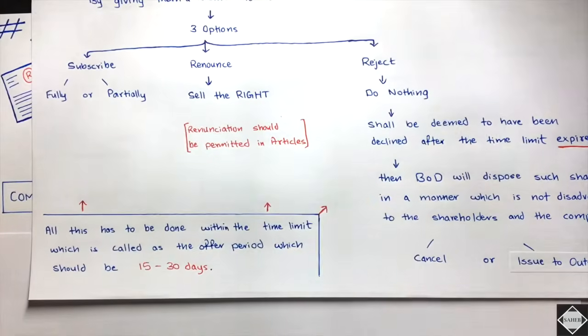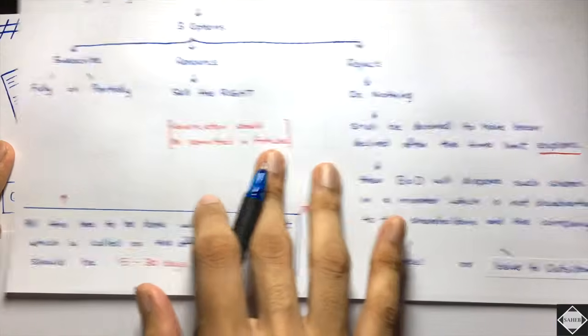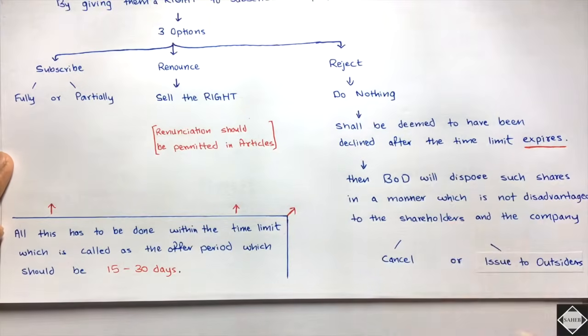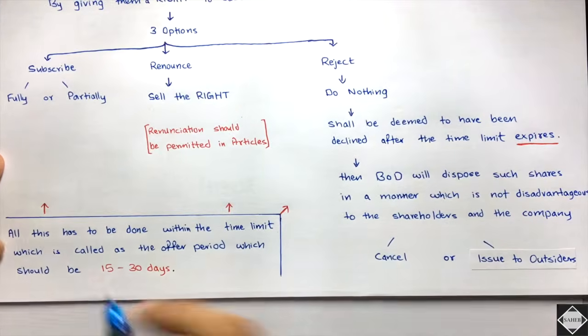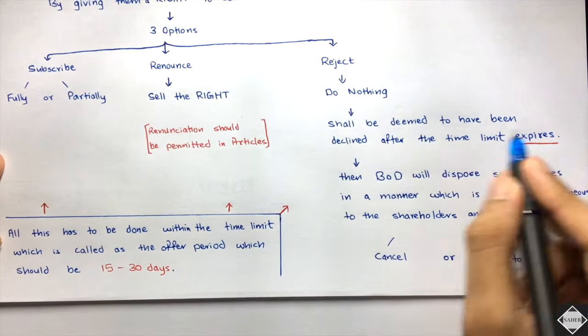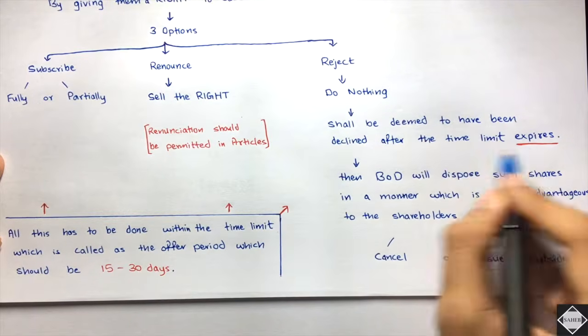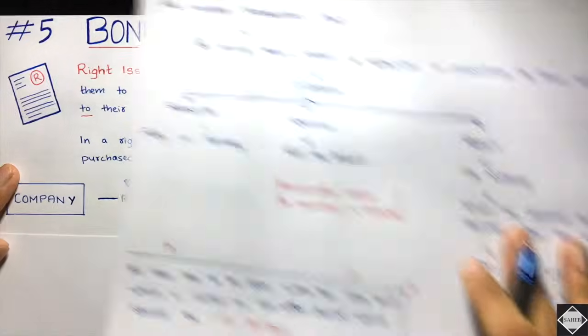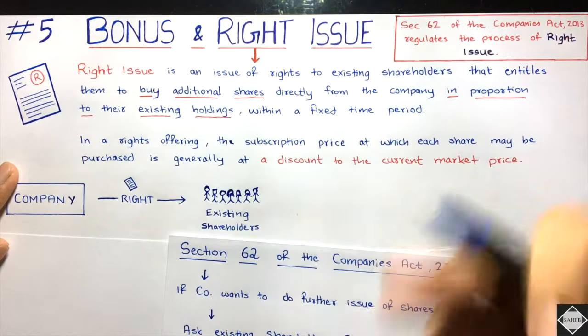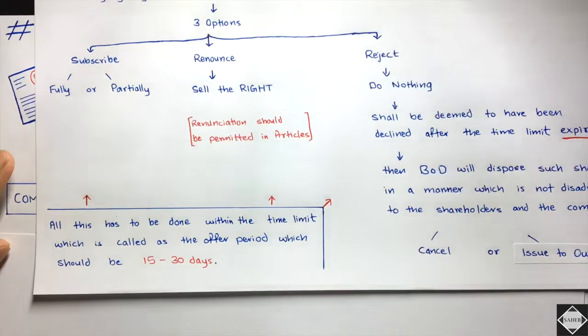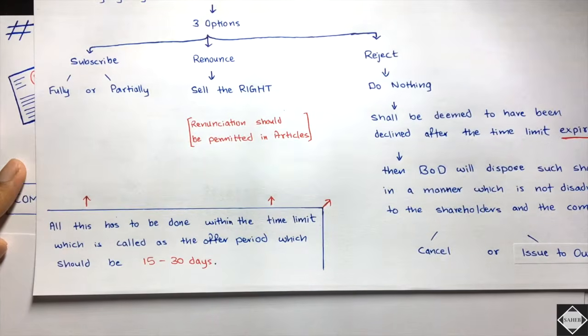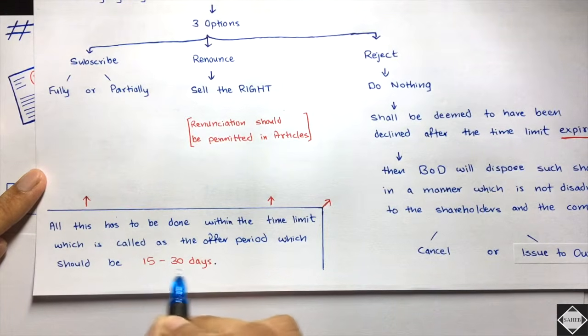And then see here, this whole rights issue process has to be done within the time limit. We discussed something about the time limit over here, right? So what is that time limit? According to the Companies Act, section 62, it is 15 to 30 days.